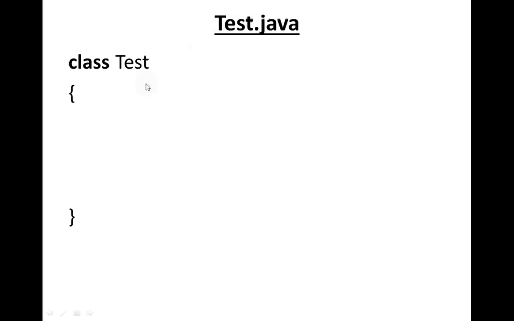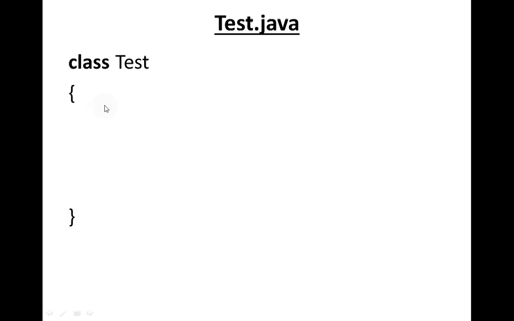Here class is a keyword, followed by the class name. The class name is any valid user-defined name, and then a list of braces. In case of C++, all classes must be terminated by a semicolon, but here there is no need to terminate the class definition with a semicolon, right?